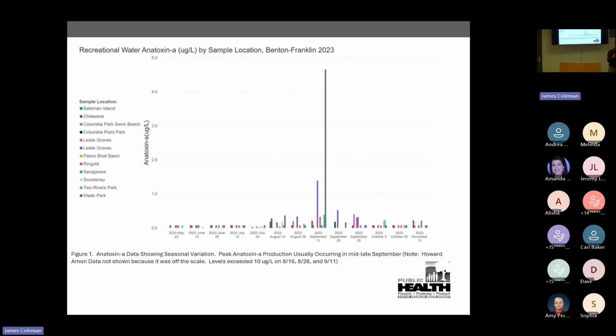They grow better when the water temperature is warmer, and if there's less flow, that's causing them to disperse less so they can kind of grow in one area better, whereas a high flow would be sort of flushing them downstream. So this is kind of typical of what you'll see during the summer. And this is from 2023. We saw significant levels in 2023. Unfortunately, we had 2 dogs die in 2023, and we also had another illness reported.